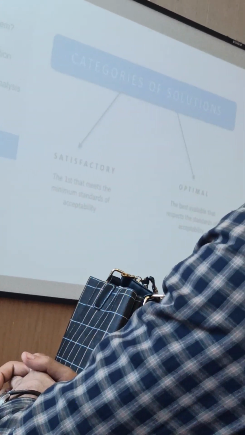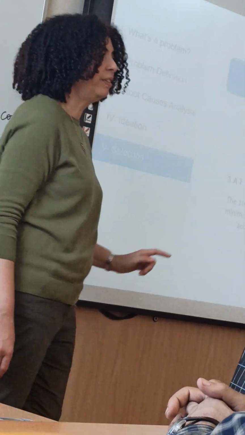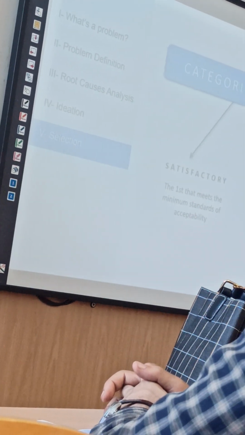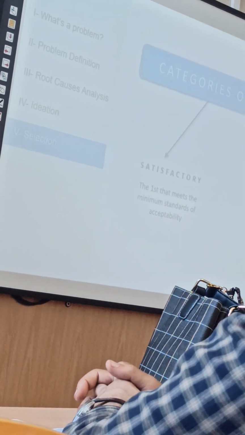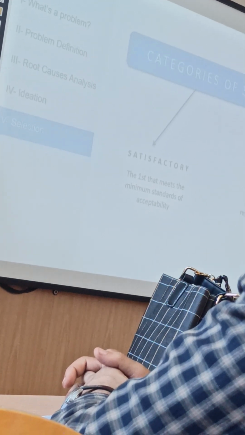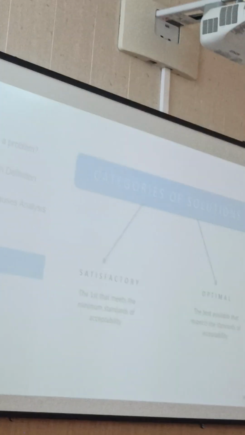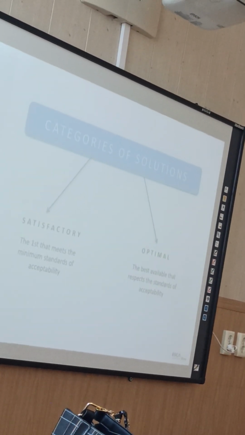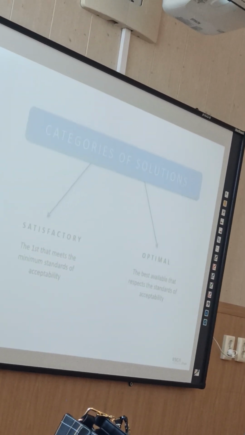So what's the constraint here in this slide? You need to know your minimum standards of acceptability. That's why you have the gap analysis at the beginning of the process to explain the desired situation. What are the minimum requirements for me to say that my problem is solved? If I have an issue with customer satisfaction and my current rate of satisfaction is 10%, 10% of my customers are satisfied.